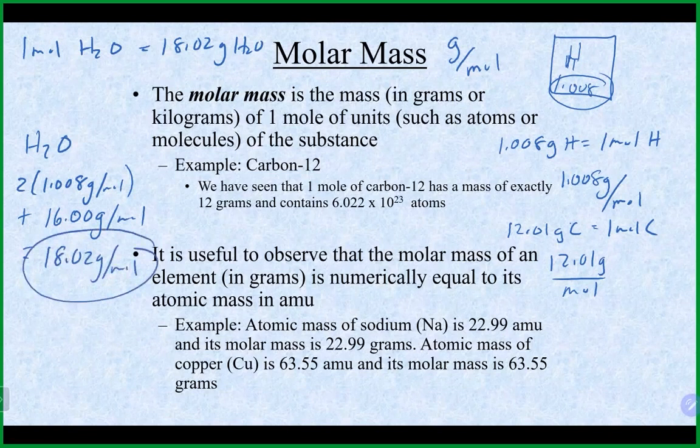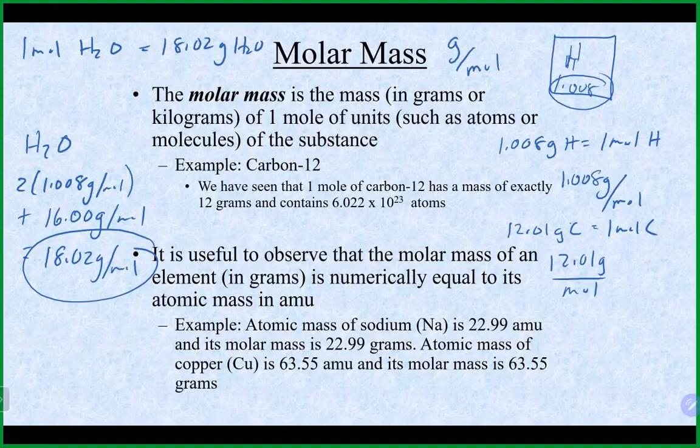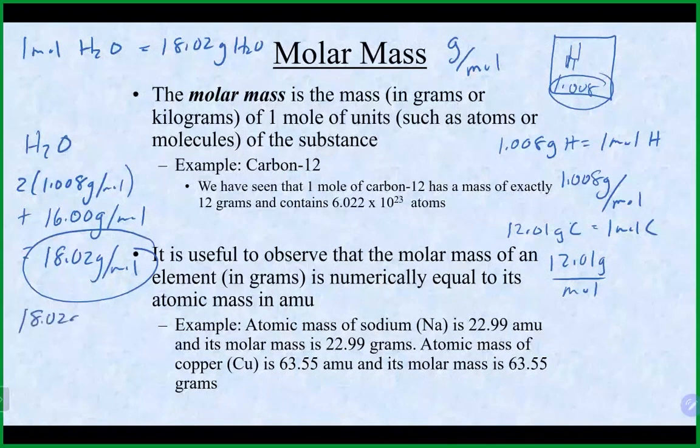So when you go to calculate the molar mass of a molecule or a compound, you just go to the periodic table and add up all the parts that are there, and that is how many grams there are per 1 mole of that substance. Any questions on that? We use this like a conversion factor as well. For water, there's 18.02 grams per mole, or you could flip it around and say a mole of water is 18.02 grams.